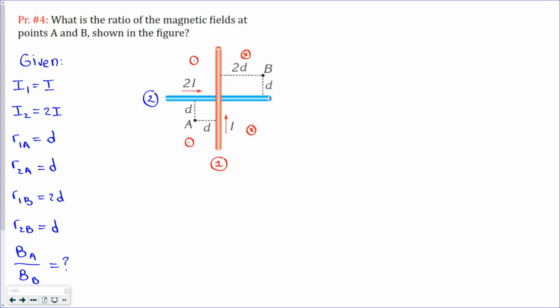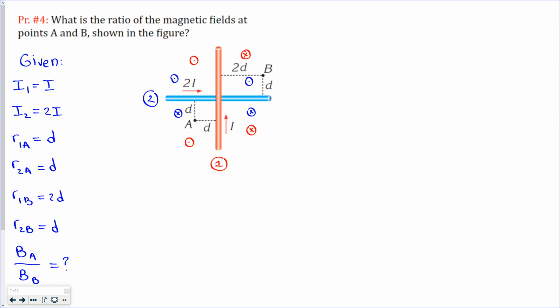The magnetic field of the second wire, from the right hand rule, on the downside is into the page, and the left side has a direction of the magnetic field which is out of the page. So here, not to be confused, I represented the magnetic fields with the red and with the blue.